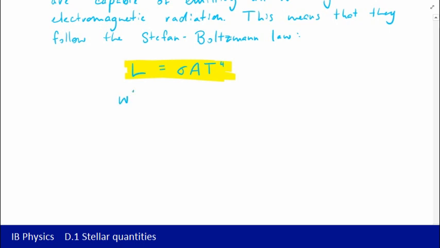So looking at the quantities there, we've already seen what L relates to. That's the luminosity of the star. Luminosity is measured in watts. Remember here that if it's measured in watts, it's basically a power kind of idea.